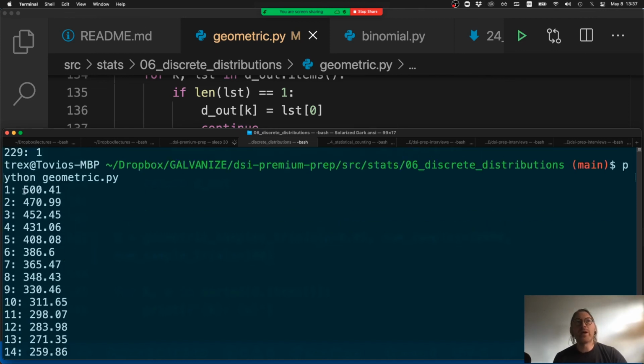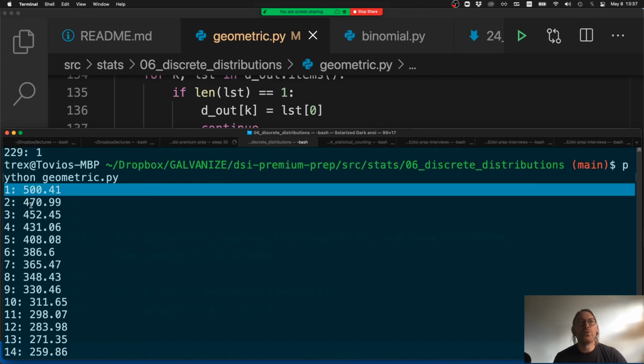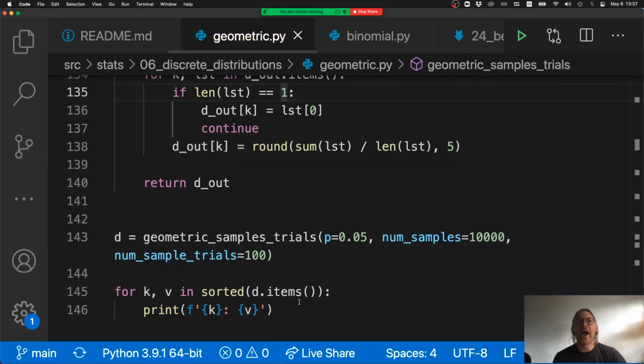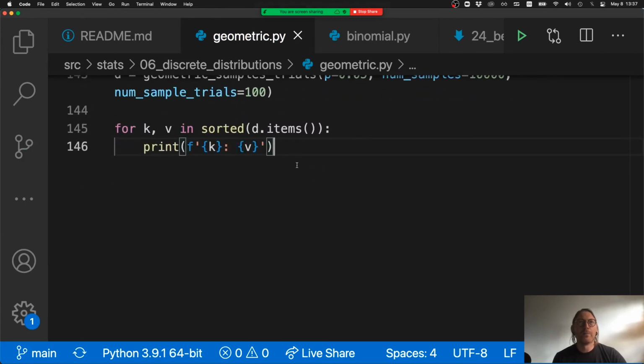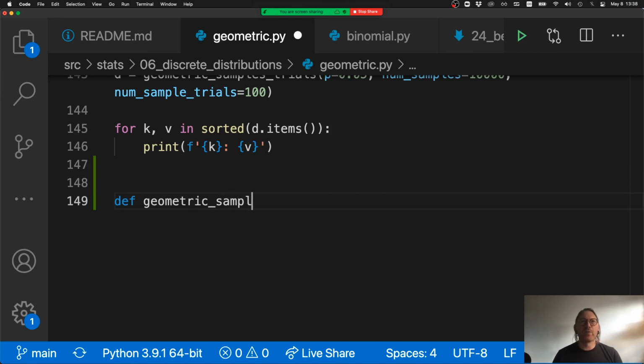So at this point, if I were to look at the actual probabilities of these, well, let's just do that. I'm going to write this geometric probability, this is sampling, so samples probability dictionary, and we'll pass in these same values, right?